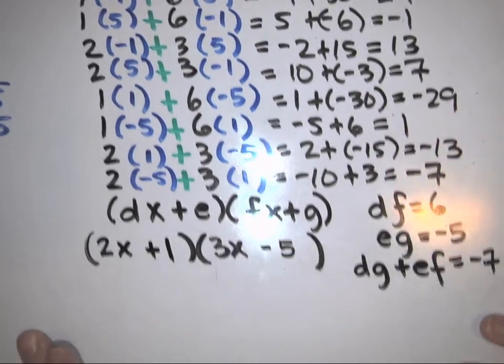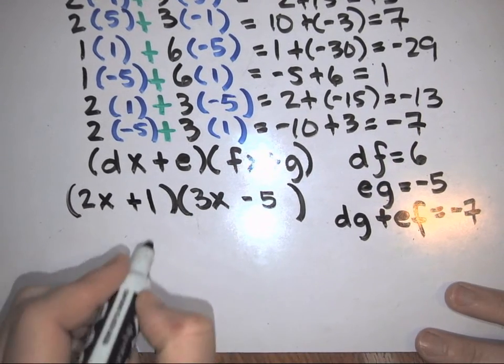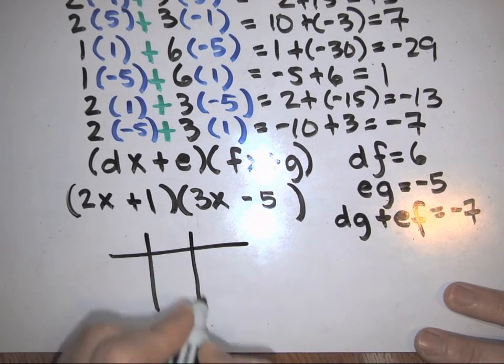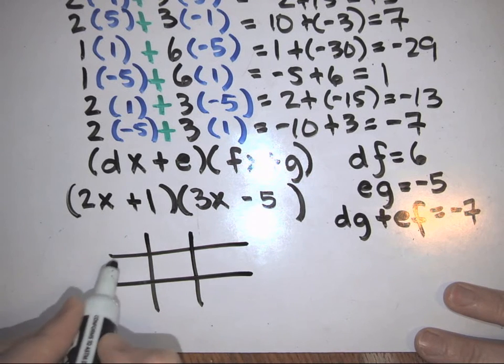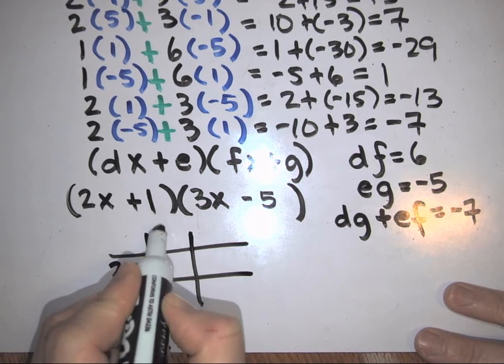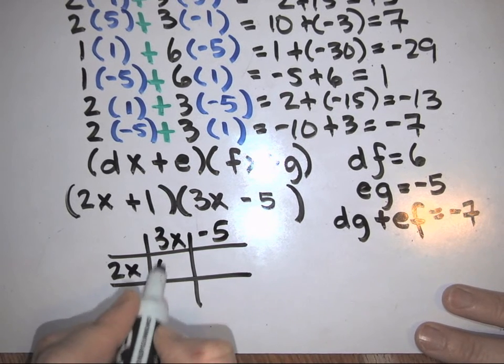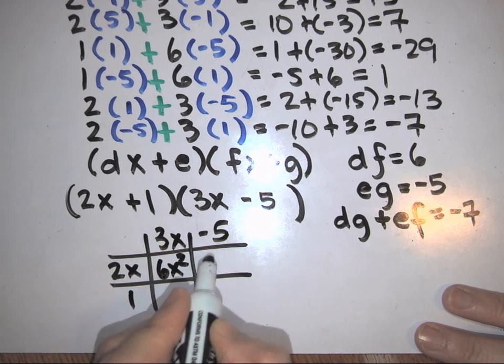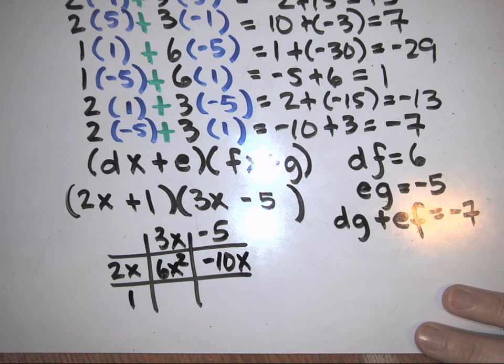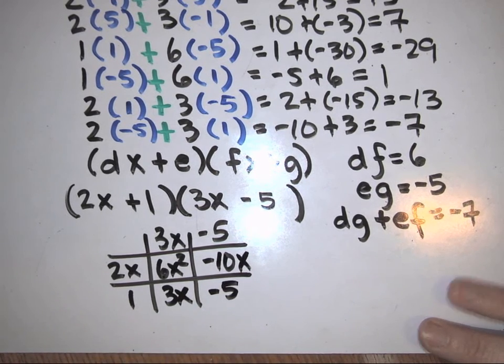Okay, I'll show you using the box method this time for multiplying that these are equivalent. So 2x and 1, 3x and -5. We end up with 6x squared minus 10x, 3x, -5.